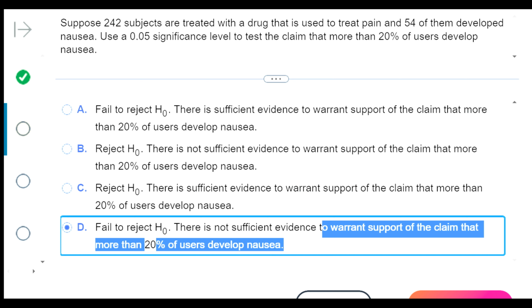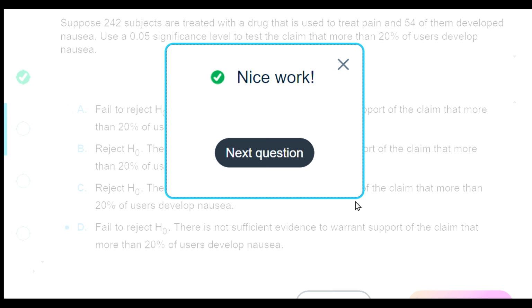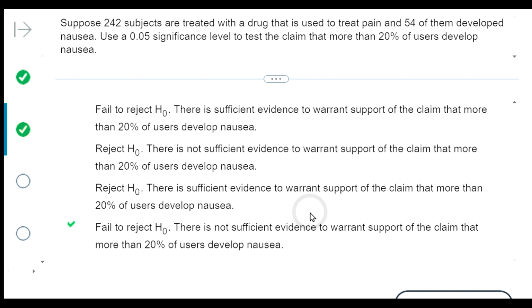And if I fail to reject the initial hypothesis, there is not sufficient evidence to reject the initial hypothesis. It's exactly straightforward. I mean, it seems almost like a redundant statement. I could not reject because I do not have the evidence to reject.